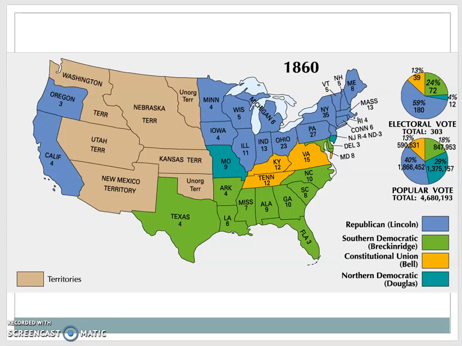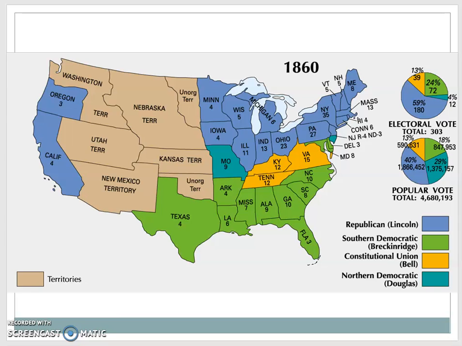In 1992, there was a third-party candidate named H. Ross Perot, who split up the votes three ways: Clinton, Bush Sr., Perot, and Clinton ended up with an electoral majority, even though he only had 40% of the popular vote. So anytime you have a third-party candidate, or as in 1860, a third and fourth-party candidate, you're liable to get a minority president.